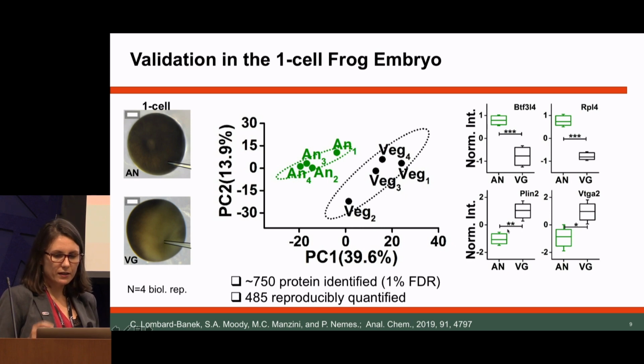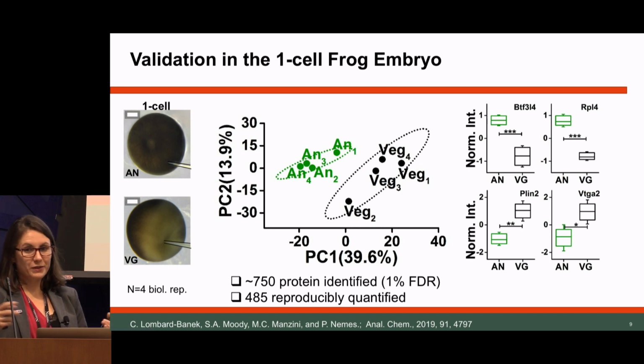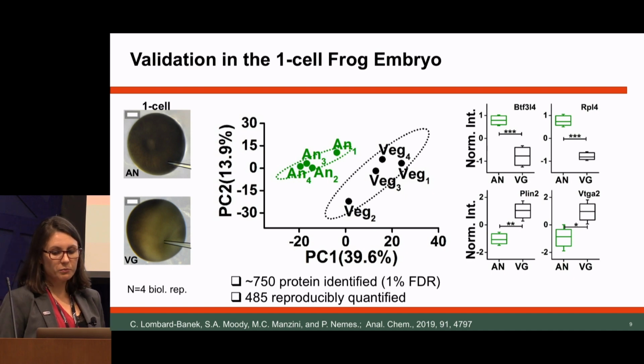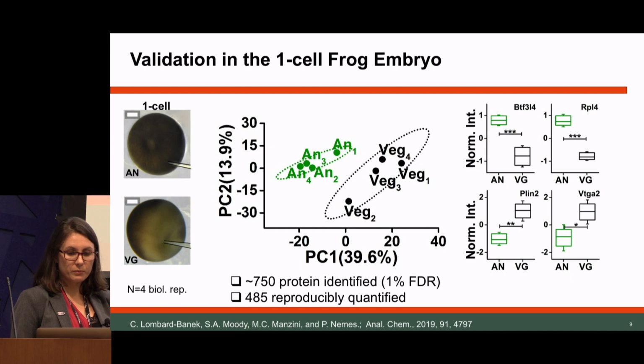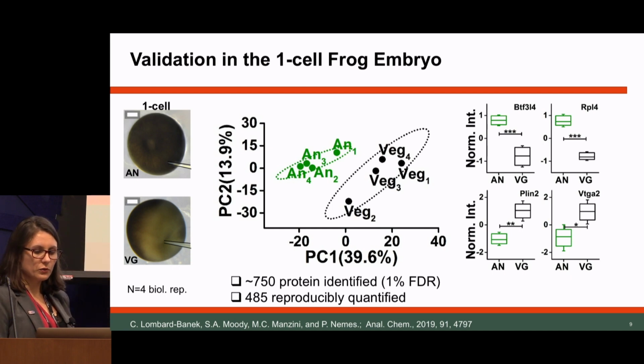And that was something that the reviewer also asked, that we needed to validate the method, although it was not necessarily known that there would be some protein heterogeneity across those two poles. So what we see here is that using PCA analysis, we had a very nice separation of the two poles of the embryo.